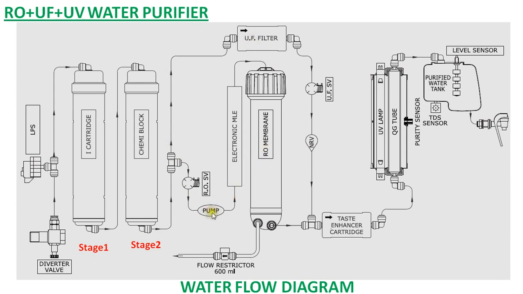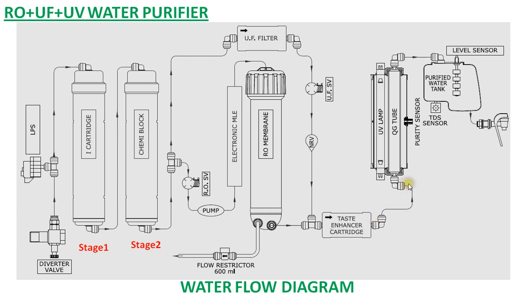Here you can see this is the booster pump, and this is the solenoid valve, and this is the other solenoid valve, and this is the non-return valve. And here you can see the taste enhancer cartridge, as the RO membrane also removes the required minerals, so this taste enhancer cartridge will add the required minerals to the water.